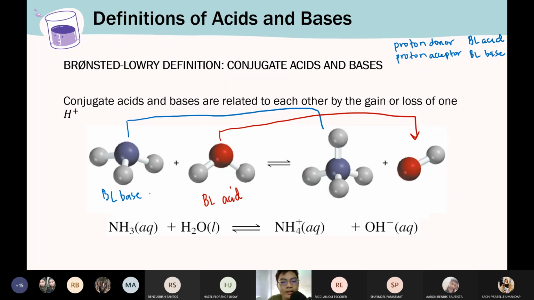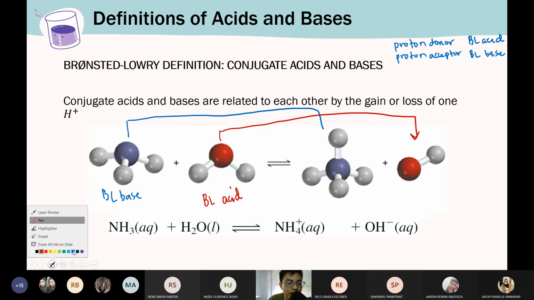Ngayon, si Bronsted-Lowry, gusto din nila pangalanan yung partner nila. Okay? Yung base, yung kapartner ni base, gusto niya lagyan ng pangalan. Si acid, gusto niya rin bigyan ng pangalan. So, ano kaya tawag sa mga pangalan na yun? Okay?